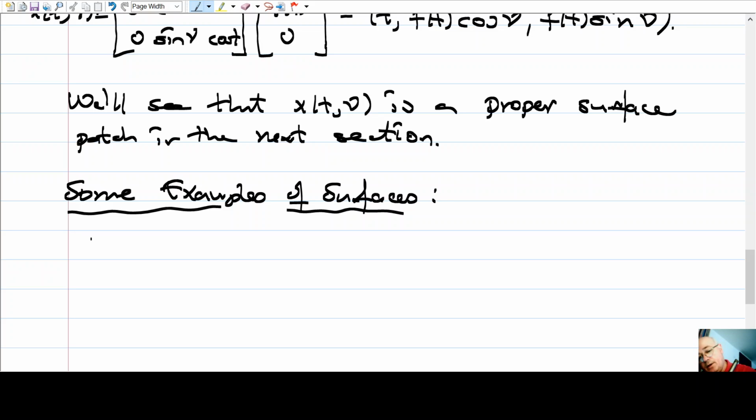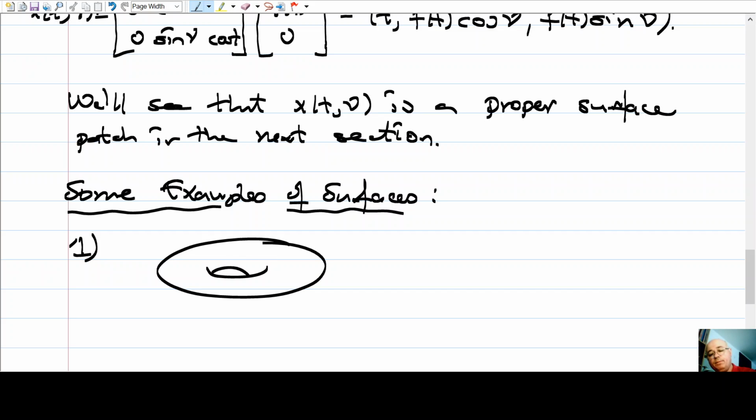Let me start with the torus. We will study these surfaces in more detail in the coming lectures, but for the time being let me just introduce these surfaces. So this is the 2-torus. We denote it by T2. Note that this is actually a surface of revolution, right?